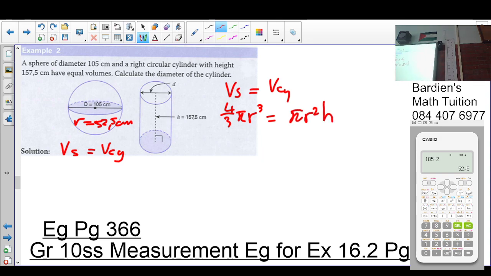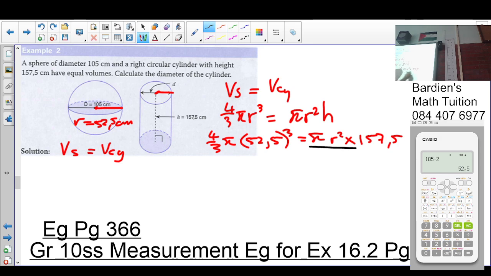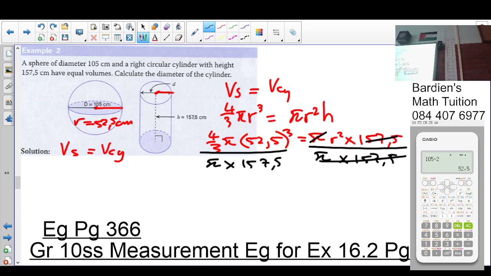Looking at the sphere, it's 4 over 3 pi, 52.5 cubed, is equal to pi. Now we're calculating the radius of this piece. So it's going to be r squared times the height, which is 157.5. In other words, I must get r on its own. So I divide both sides by pi times 157.5. That of course cancels.